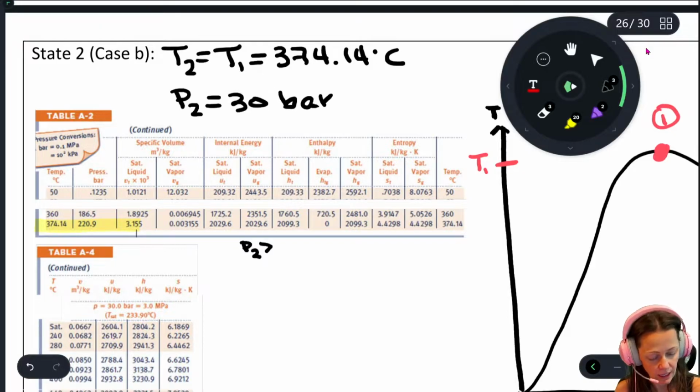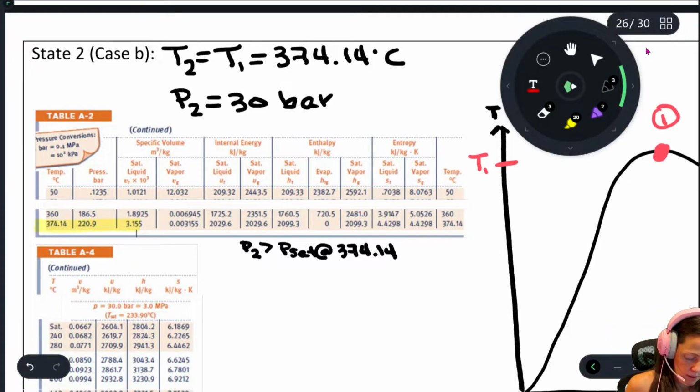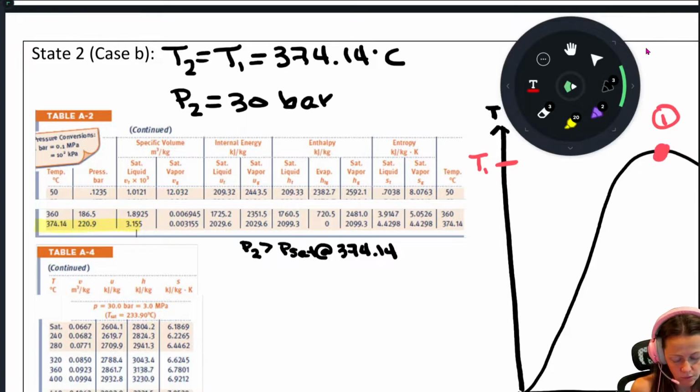I think, yeah. Our P2 is greater than our PSAT at 74.14. Okay, so, is that right? Oh my gosh.